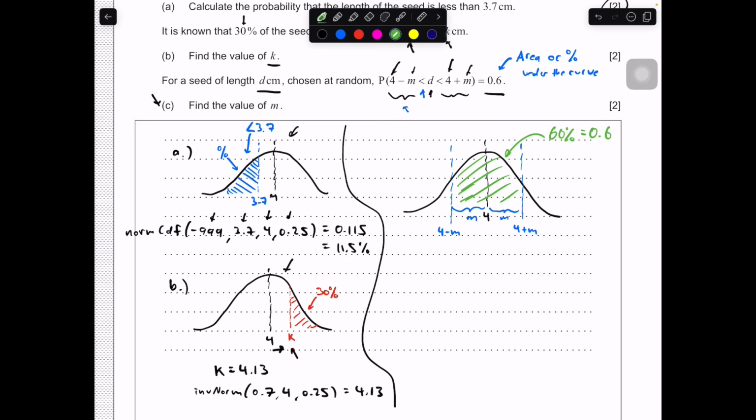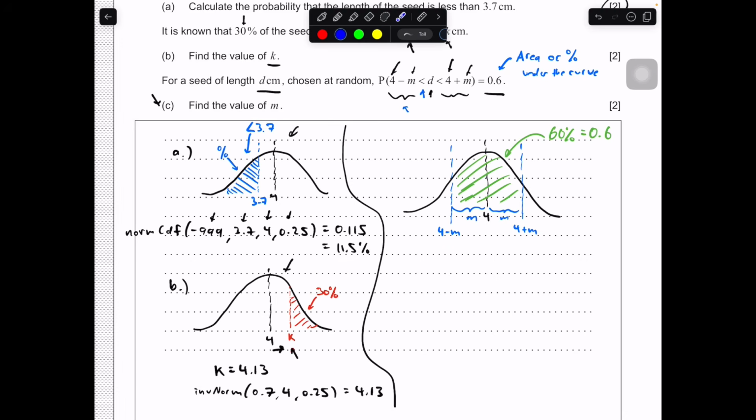60% of the values are within this range where m is some distance less than 4 and some distance above 4. Let me see if I can summarize that once again, just from the top. Standard normal curve gives us all of our values. All of the seeds are within this range, or under this curve, centered about the value of 4.